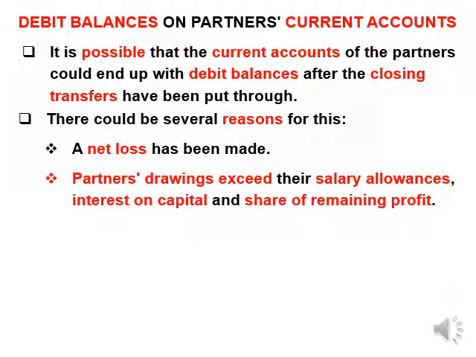Or the partners' drawings have exceeded their salary allowance, their interest on capital, and their share of the remaining profit. The salary allowance, the interest on capital, and the share of the remaining profit is what the partner has earned. Now, if what he has withdrawn out of the business is more than what he has earned, it can result in a debit balance.